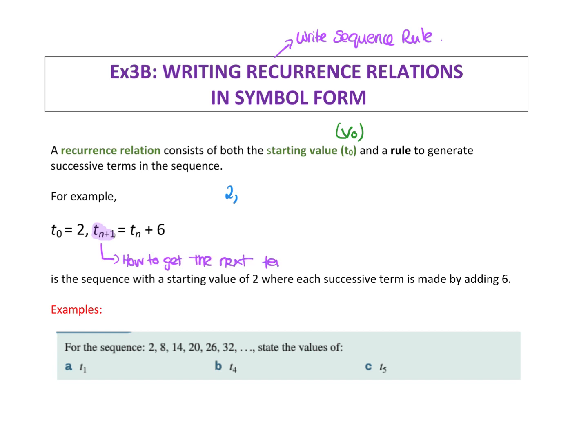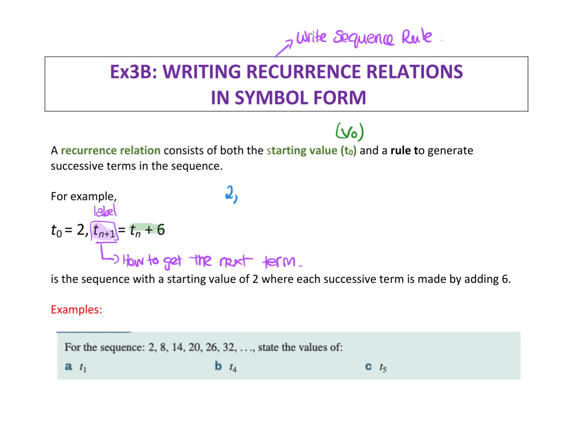It doesn't have any mathematical meaning. It's just like a label. And when we see that, we go, right, that's the label. That means they're going to tell us the rule of how to get the next term.